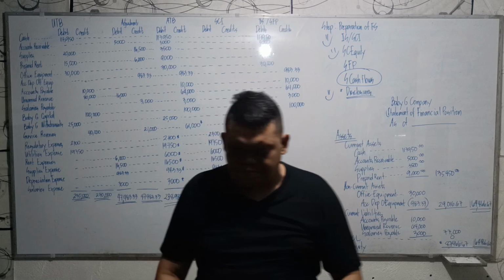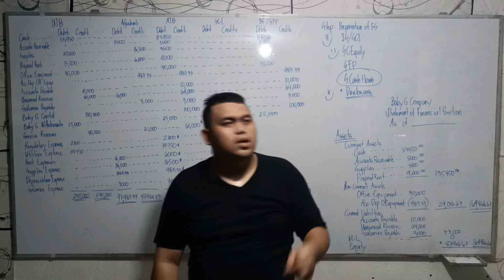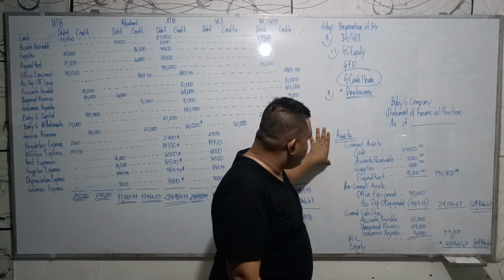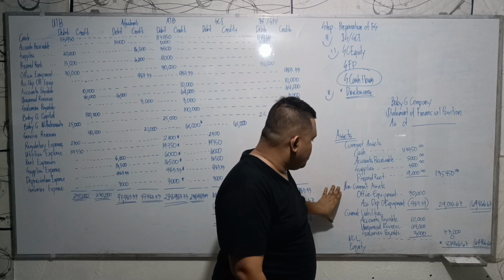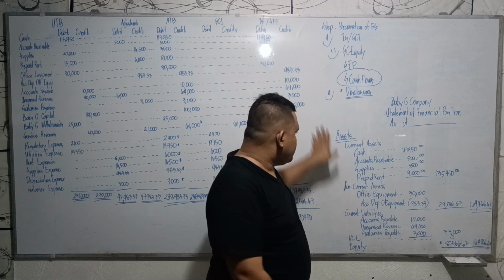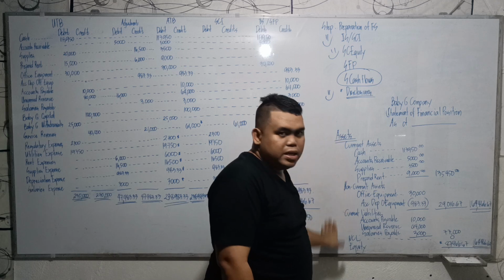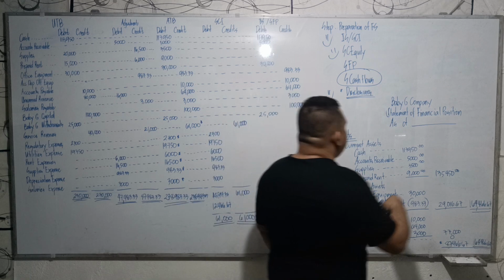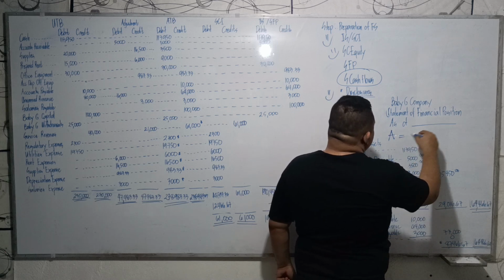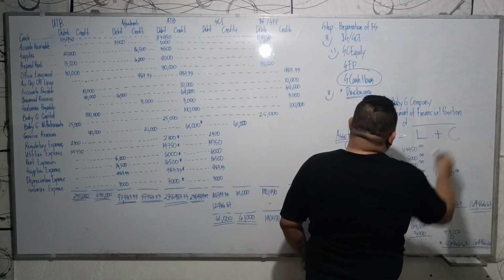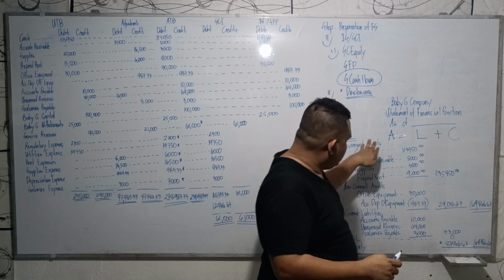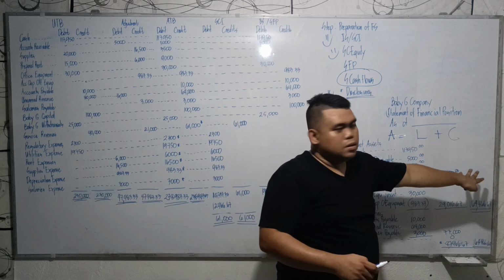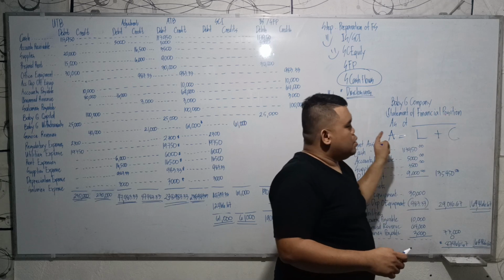Okay? So before I end this episode, actually, the statement of financial position that we have made here is what we call as report format. Report format is the format wherein you list first the assets and then the liabilities and the capital. So that's the report format. So that's vertical in nature. You can also present the statement of financial position in the form of horizontal versions like A is equal to L plus C, where the A is still like this, but the liabilities will be on the right side and the capital is on the right side and on the A side.